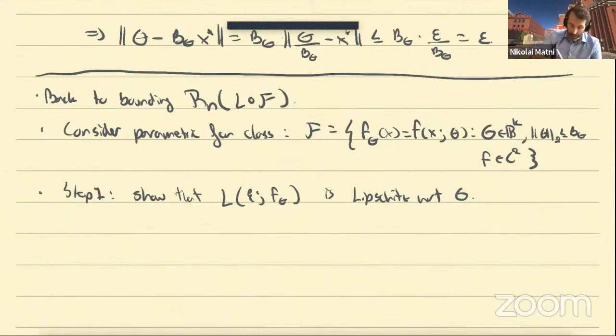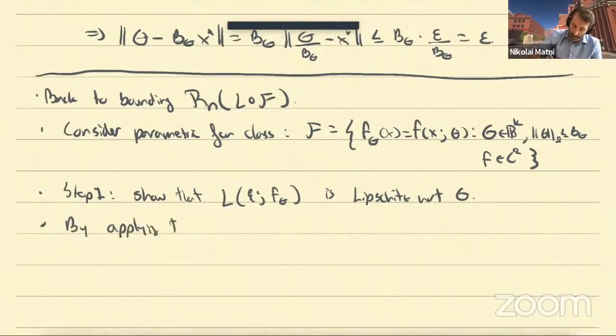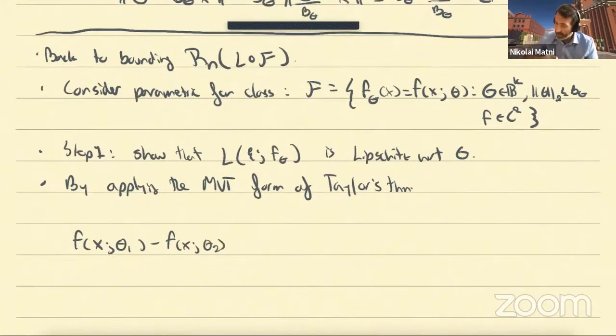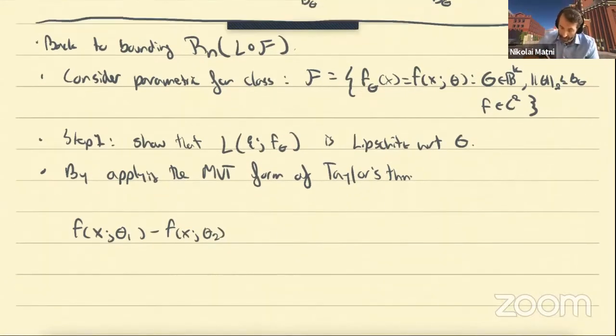So the way we're going to do this is we're going to apply the mean value theorem form of Taylor's theorem to write f of x, theta 1 minus f of x, theta 2. We need to show that this thing is well behaved with respect to theta. And we're going to write it as this double integral.